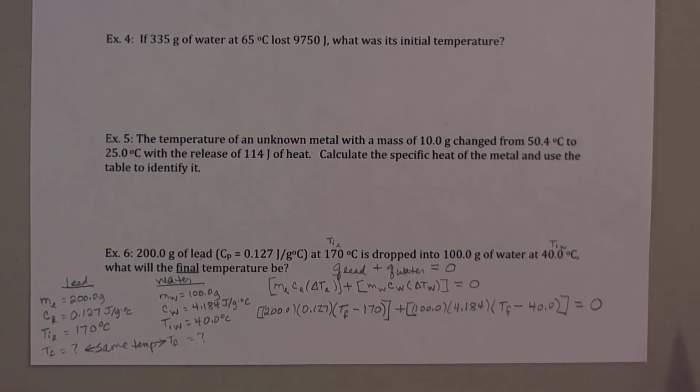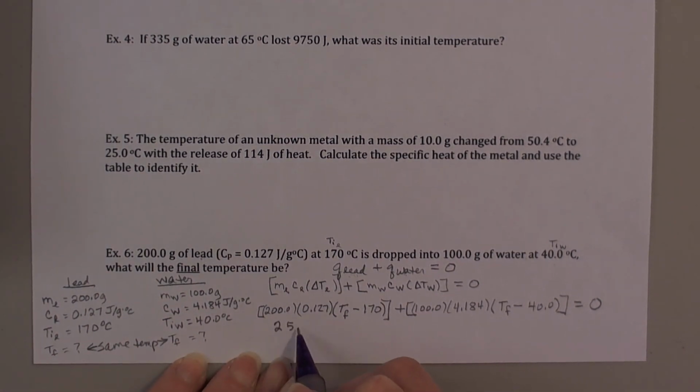So all you have to do at this point is a bit of algebra to solve for your final temperature. So I multiply 200 by my 0.127, multiply that by T final. And then these two numbers, you multiply by that. So I end up getting, let's show you my work here, 25.4 T final minus 4318.